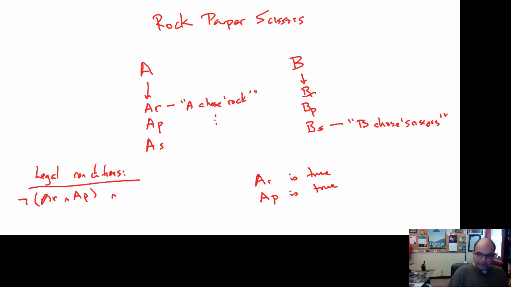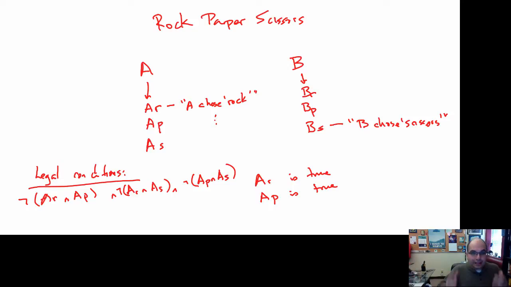And something else that's true, AR and AS can't be true at the same time, so we'll negate that as well, right? Something else that we need to be true, AP and AS cannot both be true at the same time, okay? So this means that there's no way for A to choose rock and paper, rock and scissors, or something like that, okay?